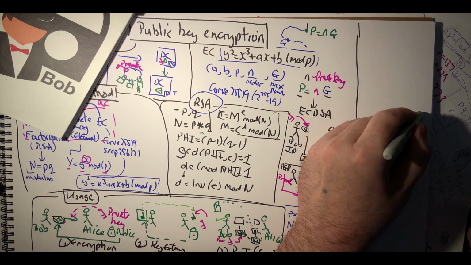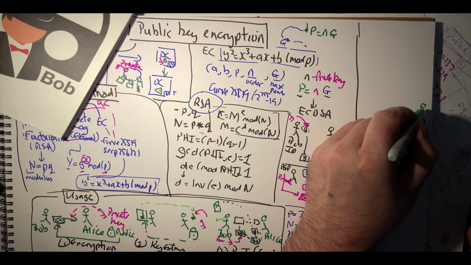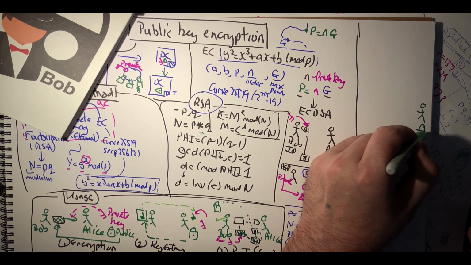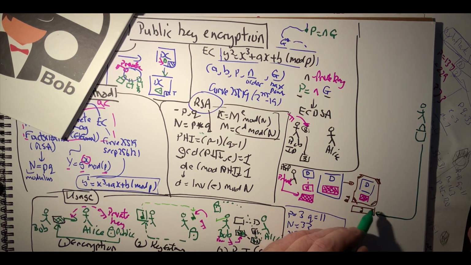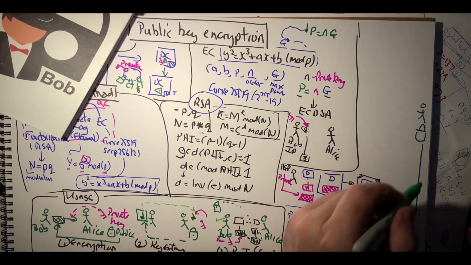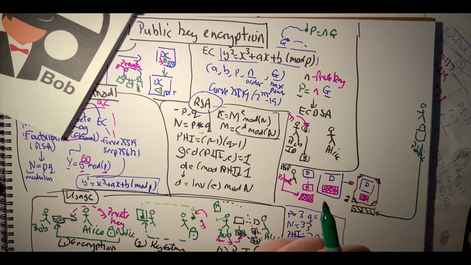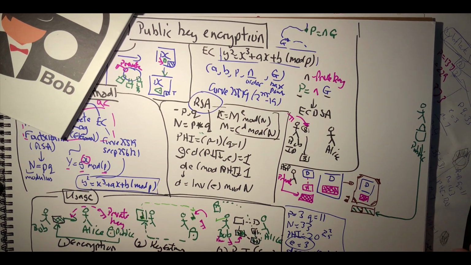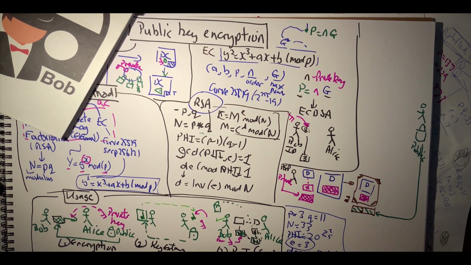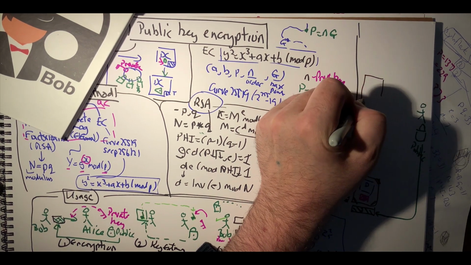So if we have Alice here, Alice's public key will be used to encrypt this symmetric key. And the whole thing can be sent over to Alice to then read and decrypt.